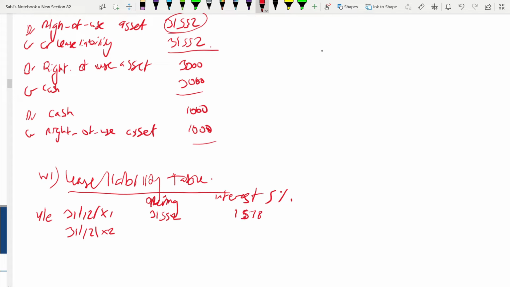It's added to that opening balance. Now any cash payment, that is 10,000. And then closing 23,130.